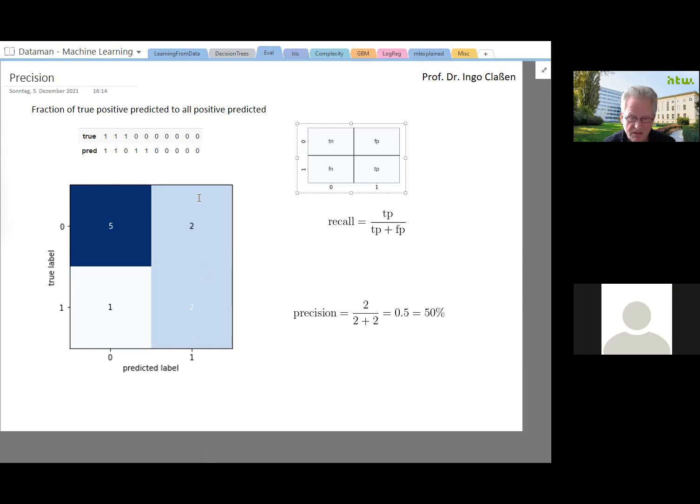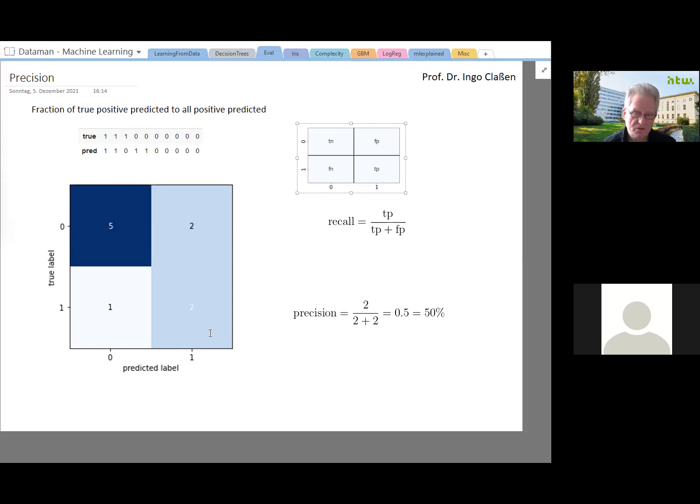If you look at it, how many do we have predicted as 1? Sorry, first of all, this one has been predicted as 1, this has been predicted as 1, this has been predicted as 1, and that has been predicted as 1. So all that we have predicted as 1, that were 4.